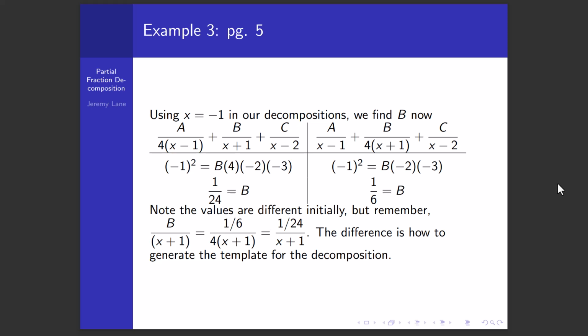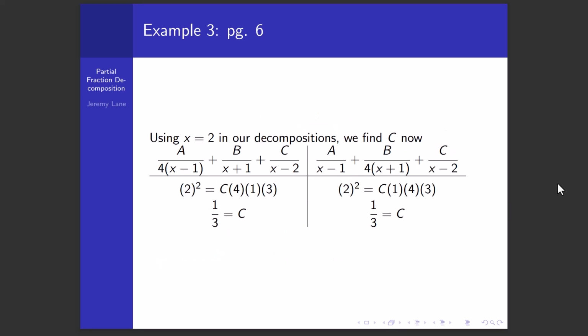And again, because we already have the value of 4 in the denominator under b, 1/6 times 1/4 is 1/24. So the values again are the same in the overall viewpoint of the decomposition. But this is how the placement of the leading coefficient has an effect.